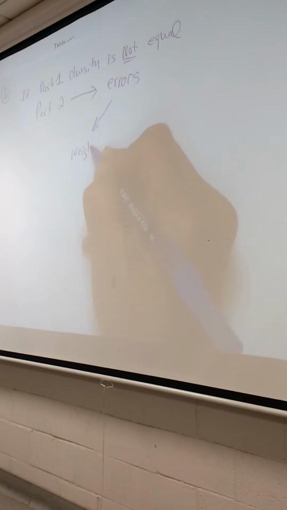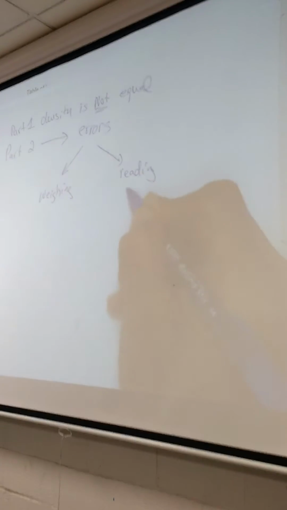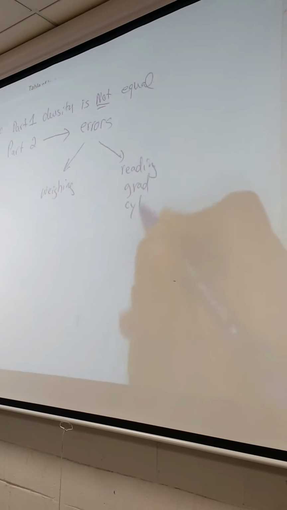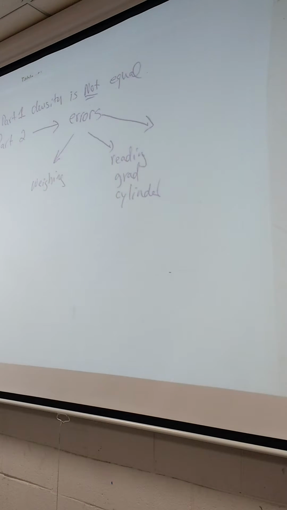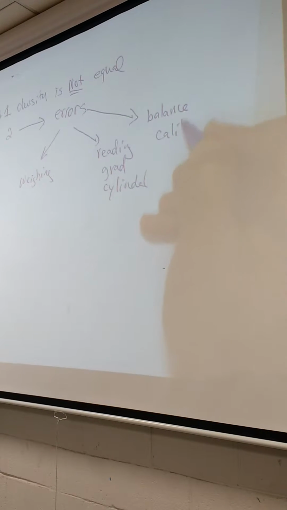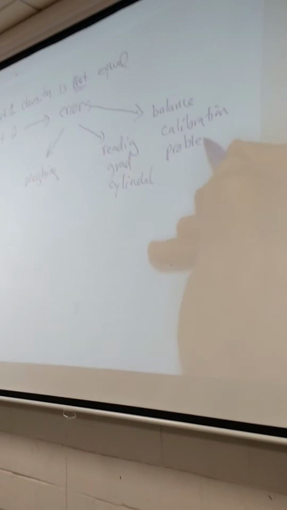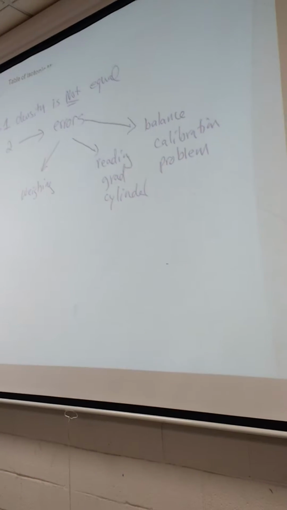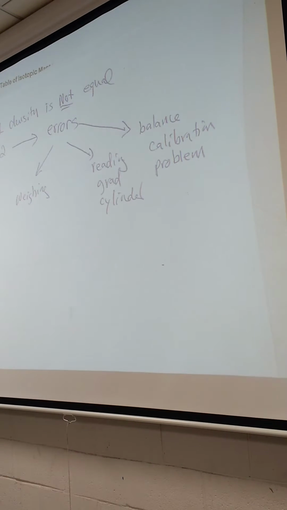So the error is maybe weighing, reading the graduated cylinder, and or balance calibration problems. So you have all those 3 problems, and that's the reason you get them not equal.